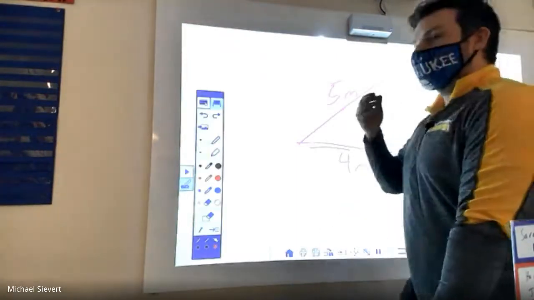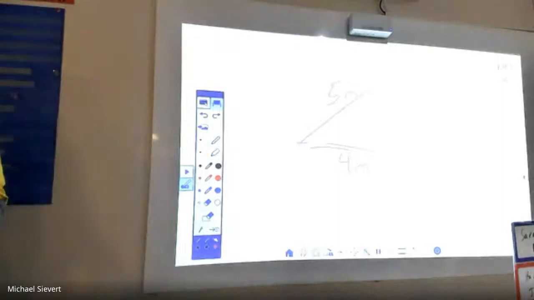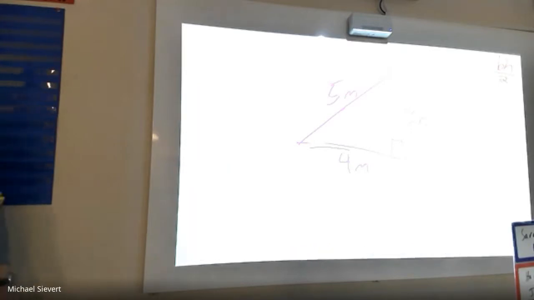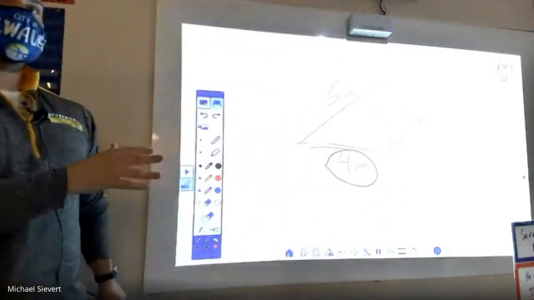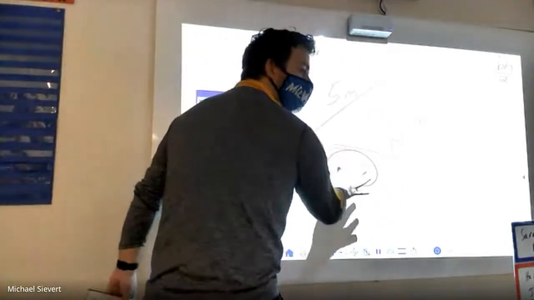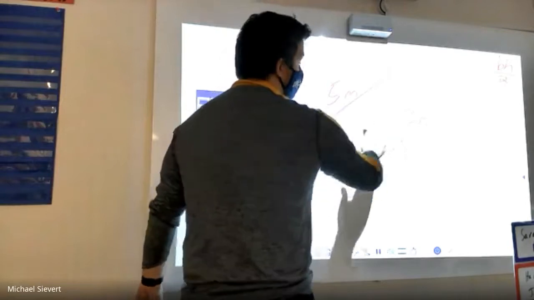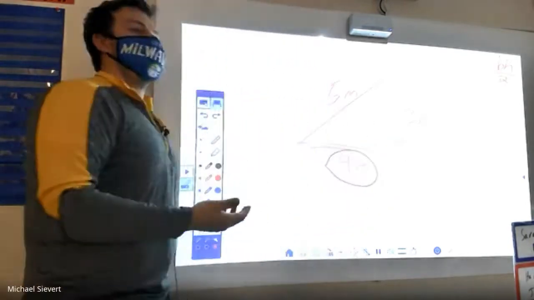Okay, what's the base? Which one's the base? Noah. Right. And boys and girls, for triangles like this, that would be your base. But to be honest, you can interchange them. What would be the height?